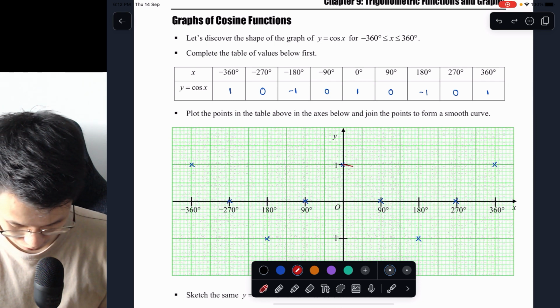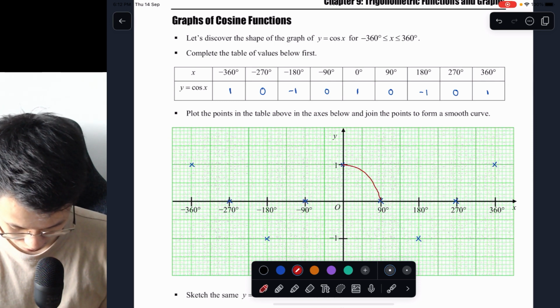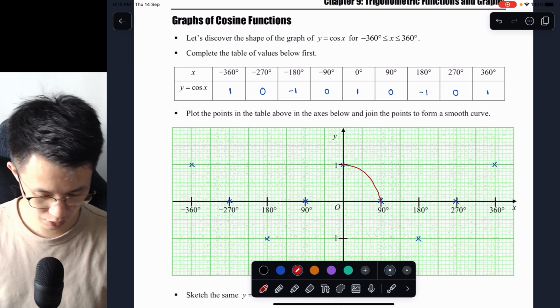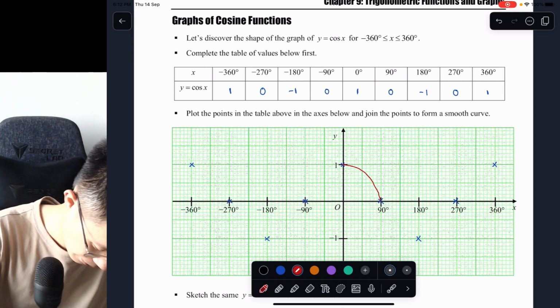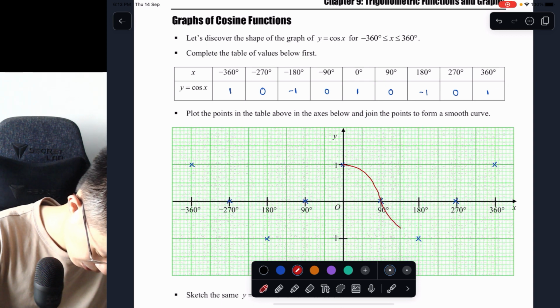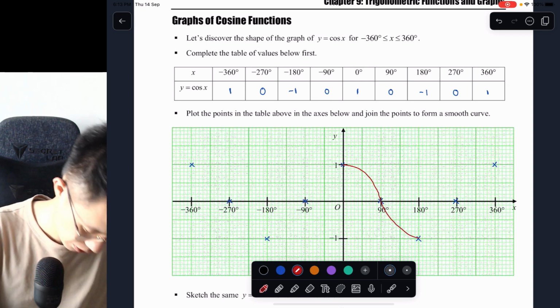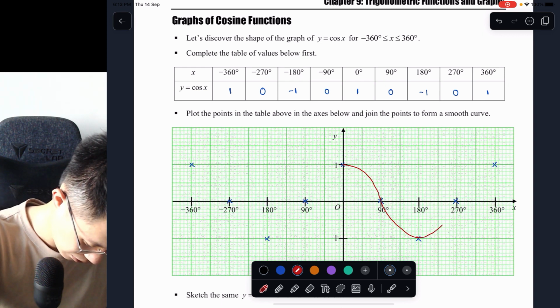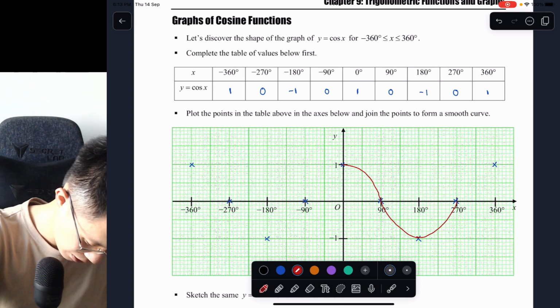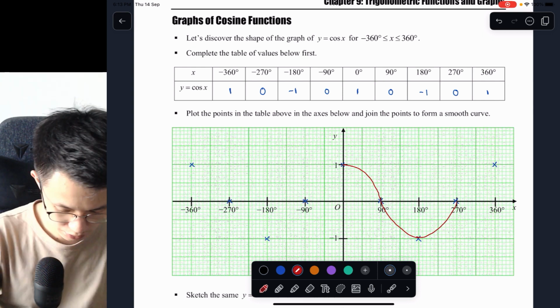Sorry, I need to rotate my iPad. Okay, and then with that, we are going to bring it down to 180 degrees. Okay, and then we'll bring it up to 270 degrees, and then.